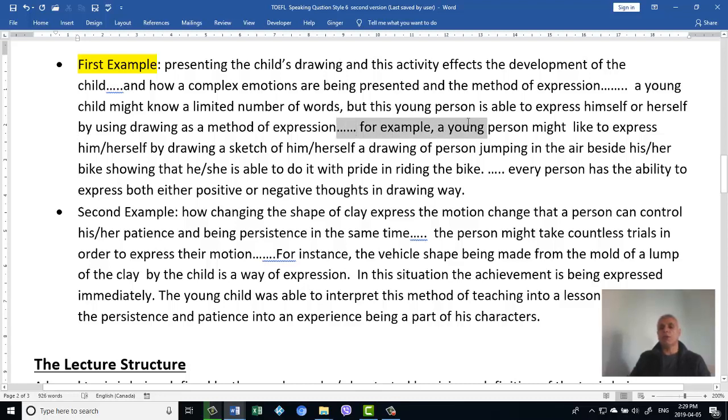For example, a young person might express him or herself by drawing a sketch of a person jumping in the air beside his or her bike, showing the pride of riding the bike. Every person has the ability to express either positive or negative thoughts by drawing.